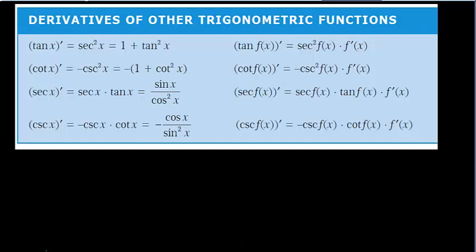So for the questions here, we are going to continue with the questions. I mean, tangent f(x) derivative I have to find, and it can also be tangent g(x). Then tangent f(x) derivative should be equal to secant square f(x) times f derivative x.